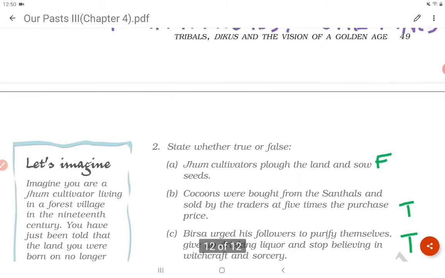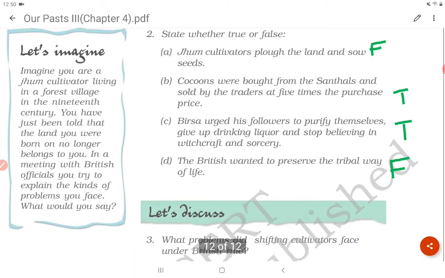Now let's do true or false. Jhum cultivators plow the land and sow seeds. It's false. They don't plow the land. Then we have number B. Cocoons were bought from the Santals and sold by the traders at 5 times the purchase price. It's true.